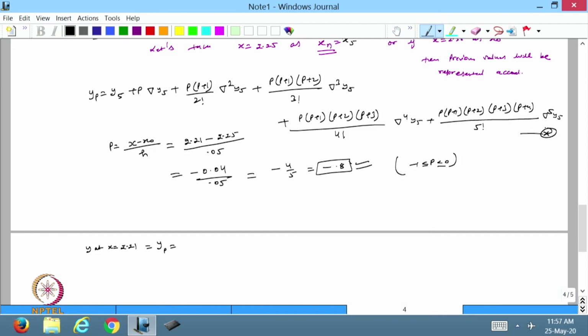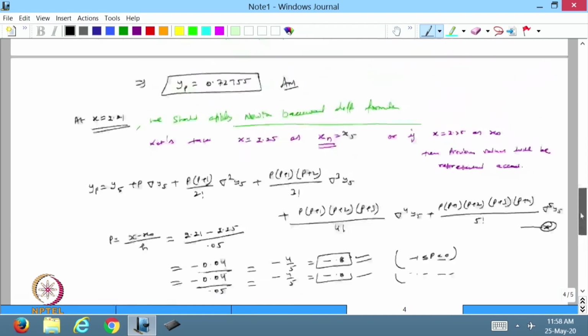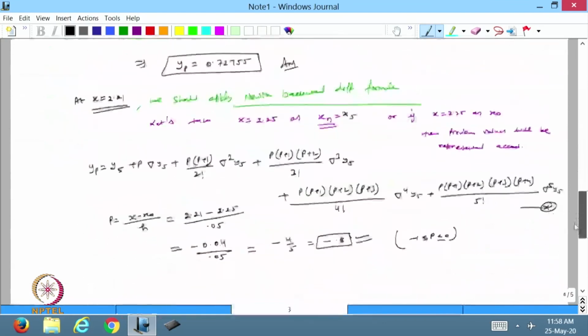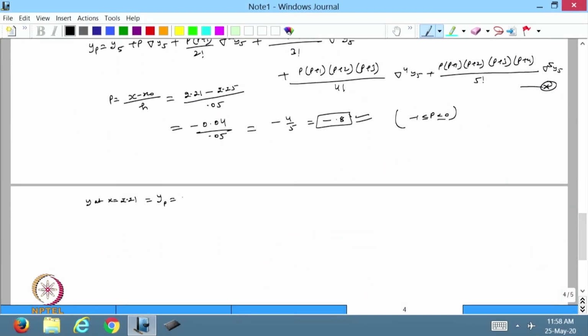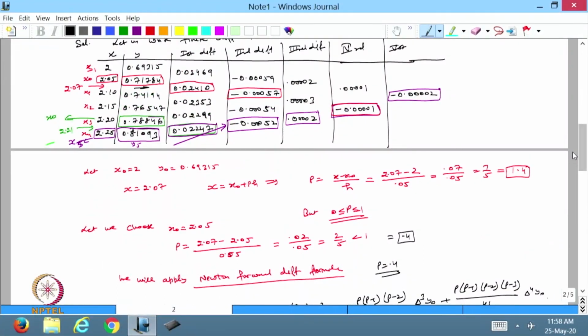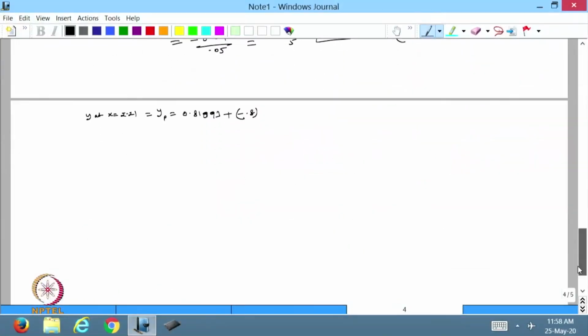I will start from yp 0.8109093 plus p is minus 0.8, and the first difference is this one 0.02247, and so on.